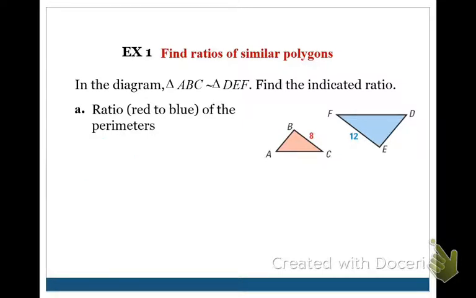Then it wants us to find the ratio of the areas. The ratio of the perimeters we said was 2:3. What's the ratio of the areas? Eric, the ratio of areas is going to be what? 4 to 9. Yeah, he squared them.